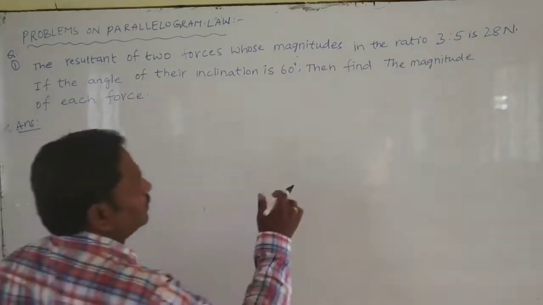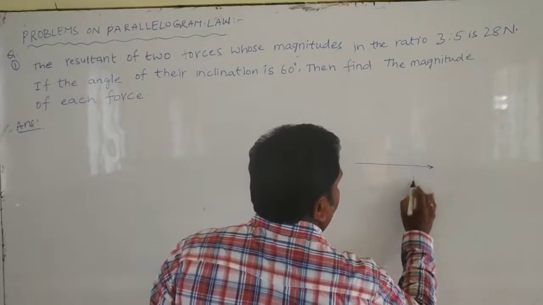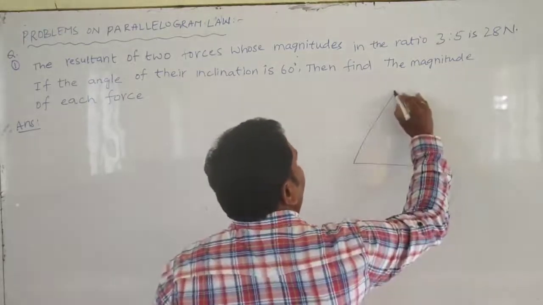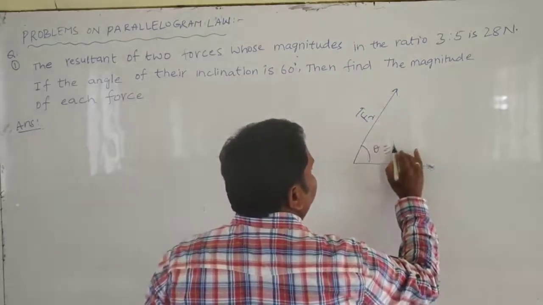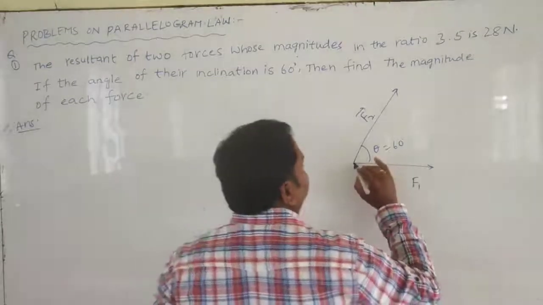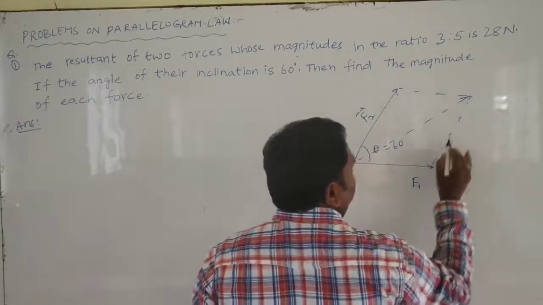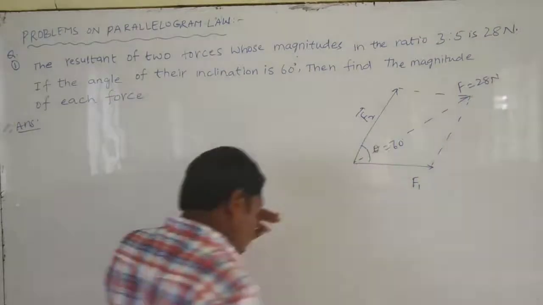Let's say we consider force F1 and this is the force F2, and the angle between them is 60 degrees. Already given, its resultant F equals 28 newtons.